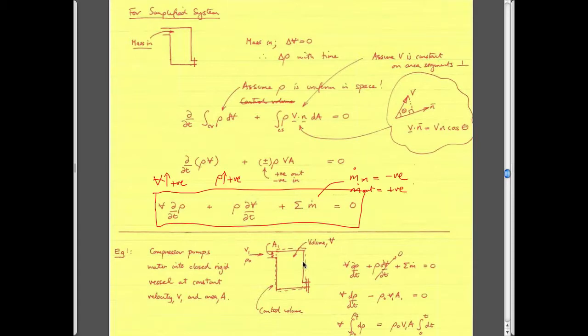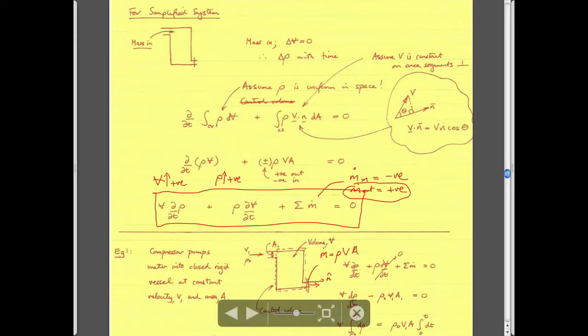Because of the alignment, if you like, of the normal to the boundary and the velocity, the direction of flow, are both aligned, and so if it's out, the dot product is a positive value, and you can just use the scalar value of mass flow rate. What is it? It's density times velocity times the cross-sectional area. So you want that written. And you know that. But just remember the sign convention and remember why it is the way it is.